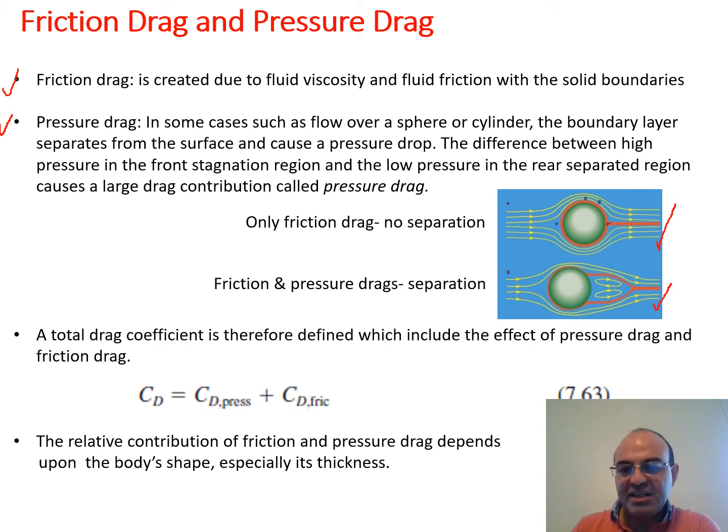In reality, the boundary layer separates from the boundary of the object at some point, at an angle. If this is the front point, and we measure an angle theta with respect to this point, then at some angle the boundary layer cannot follow. The reason is that the flow must turn.